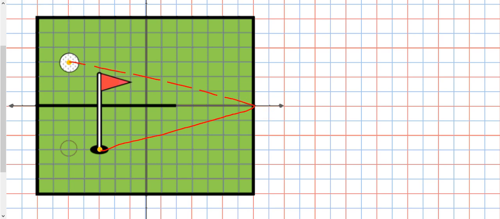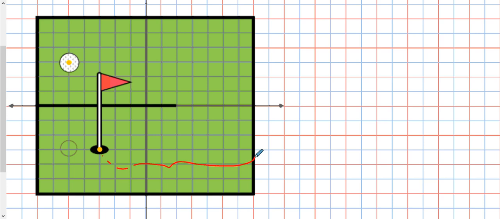So here's what we're going to do. When we look at the reflection wall, that is the wall on the right side here, I need to basically work backwards from that. So I need to count the number of spaces from the hole to the actual line of reflection, the wall that I would bank off of.